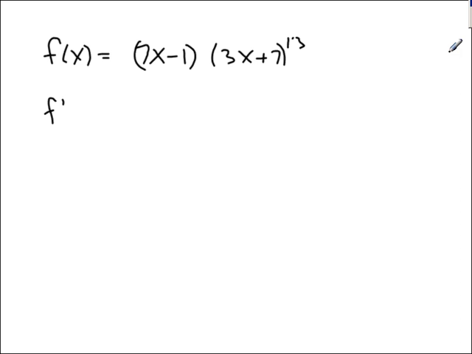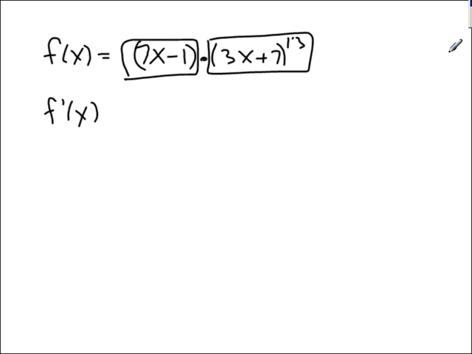And you have to realize that it's this times that. Can we use the product rule? The rule says first, take the derivative of the first factor, which is 7, and multiply it by the second, whatever it happens to be.